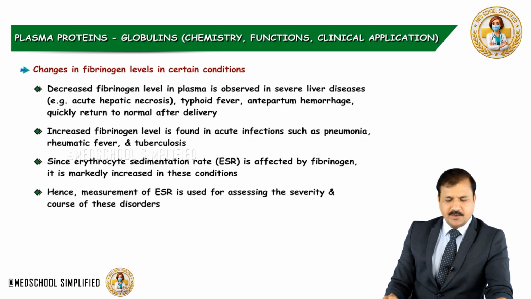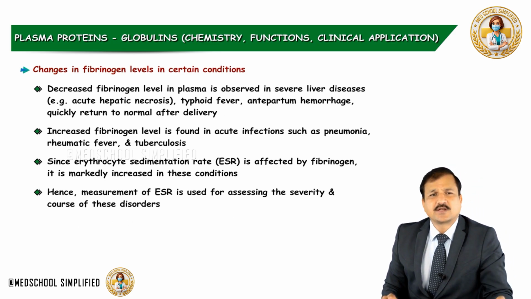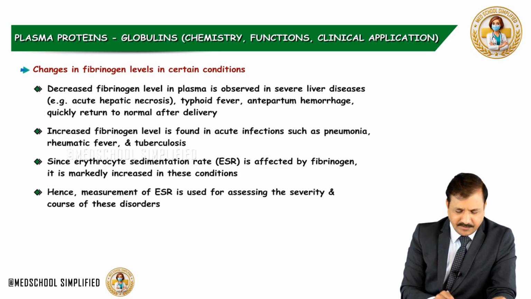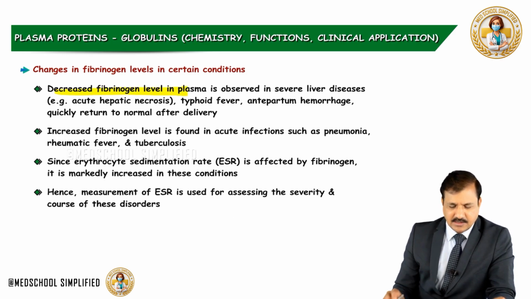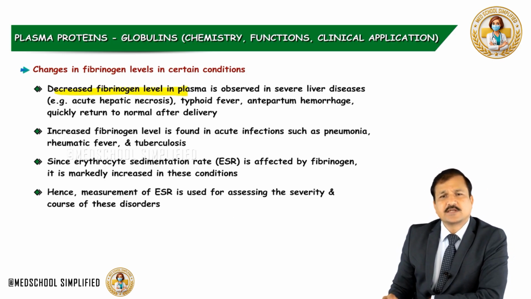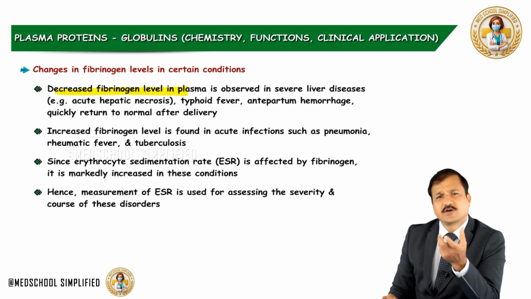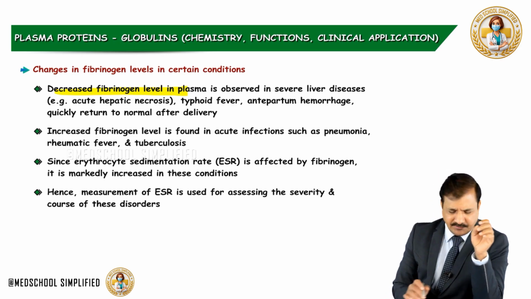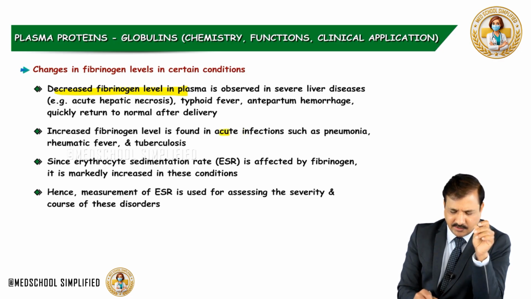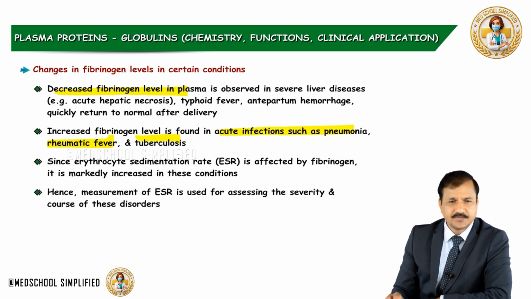Changes in fibrinogen levels are seen in certain conditions. Decreased fibrinogen levels in the plasma are observed in severe liver diseases like acute hepatic necrosis, typhoid fever, and antepartum hemorrhage, where it quickly returns to normal after delivery. Increased fibrinogen level is found in acute infections such as pneumonia, rheumatic fever, and tuberculosis.